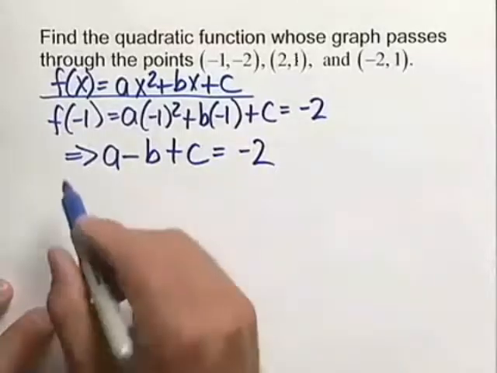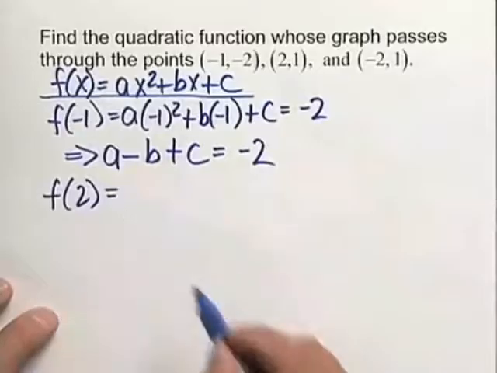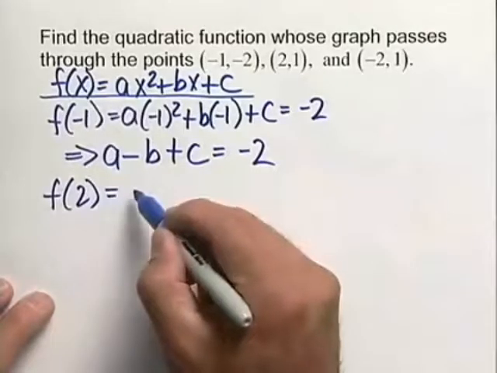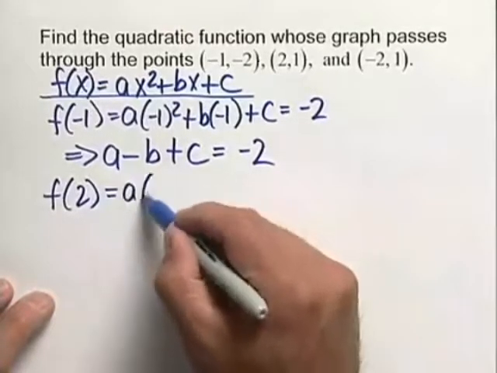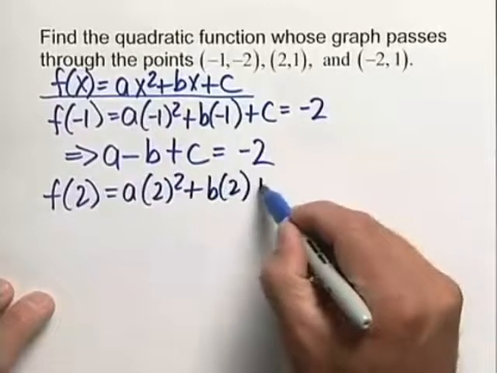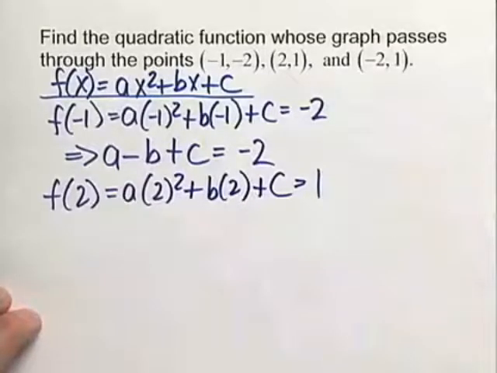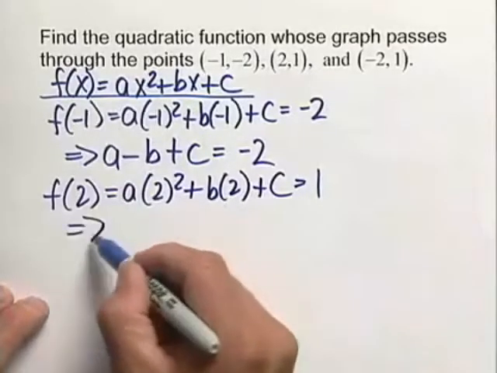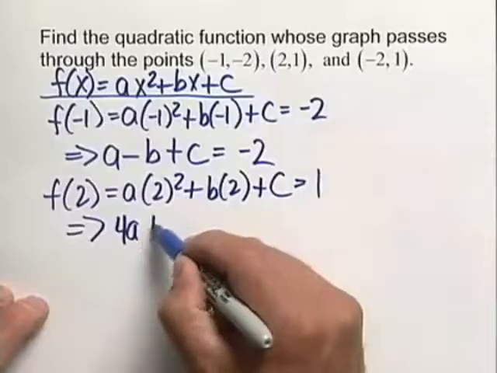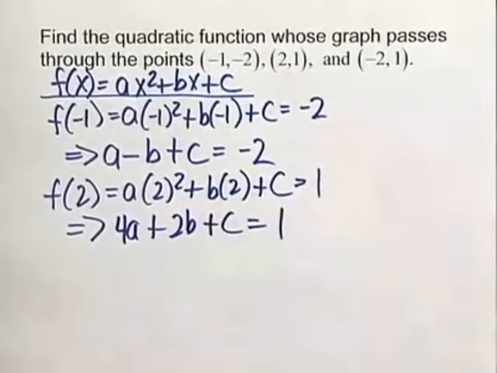We'll evaluate in a similar fashion the second ordered pair, f(2), knowing that this is equal to 1. That looks like a times 2 squared plus b times 2 plus c, equal to 1. From that we obtain the equation 4a plus 2b plus c equals 1.